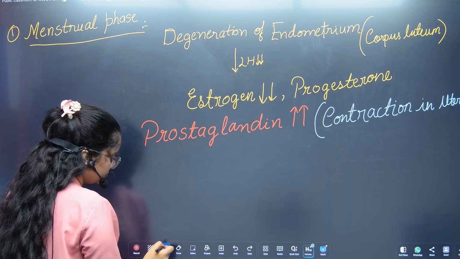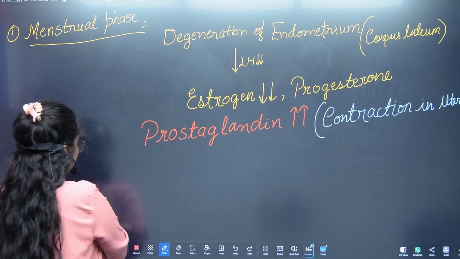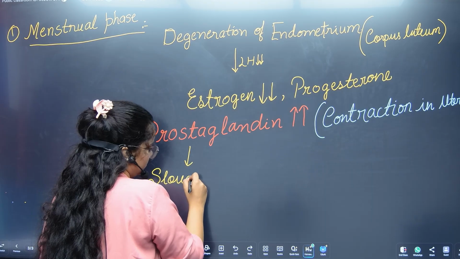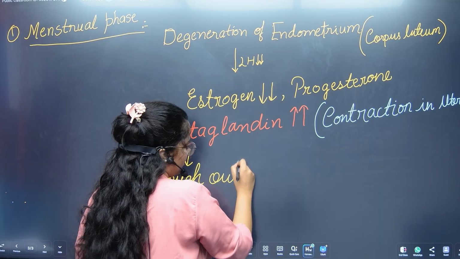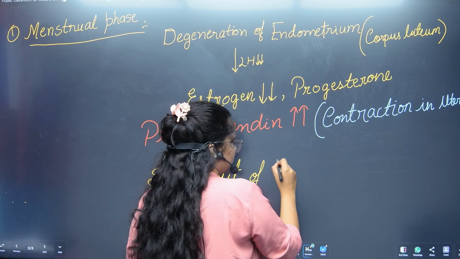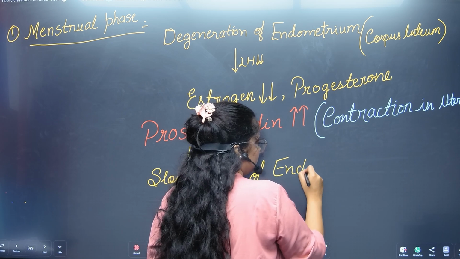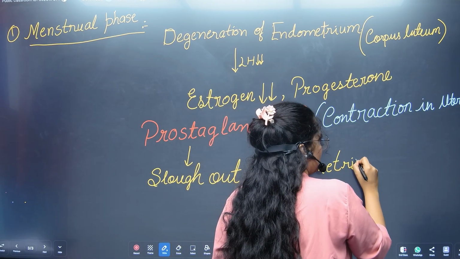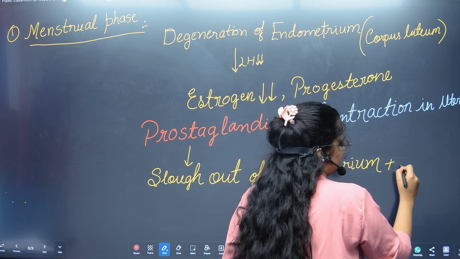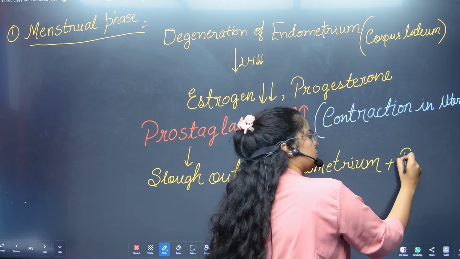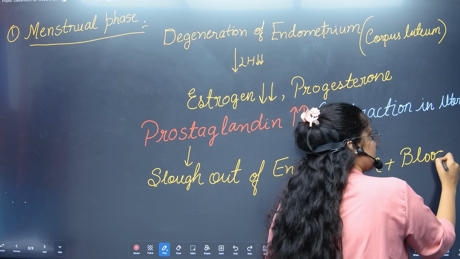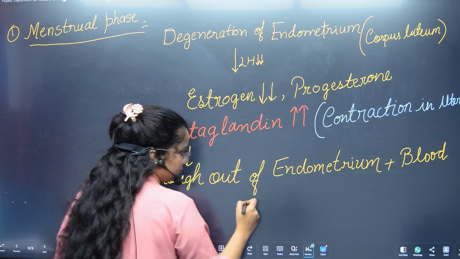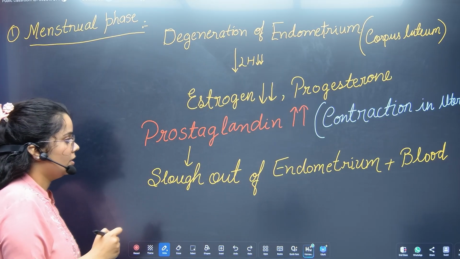This leads to the slough out of the endometrium plus blood from the female body by the vagina.